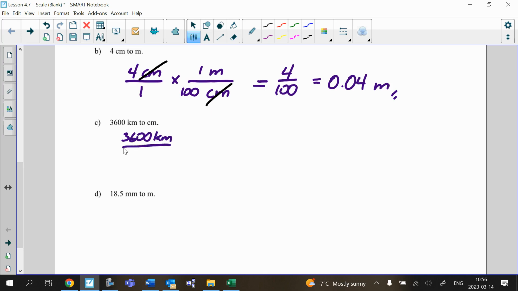And we're going to multiply by, well, there's 1,000 meters in a kilometer, right? Do I put the 1,000 up top and the 1 on the bottom, or the 1 up top and the 1,000 on the bottom? 1,000 on top because I want to cancel out the kilometers. Excellent.